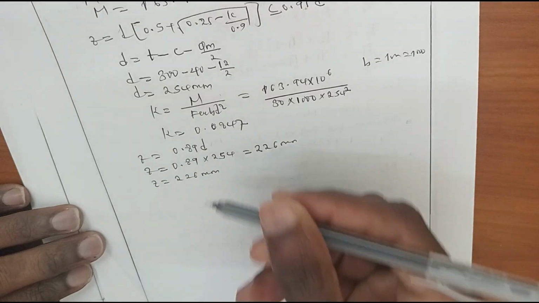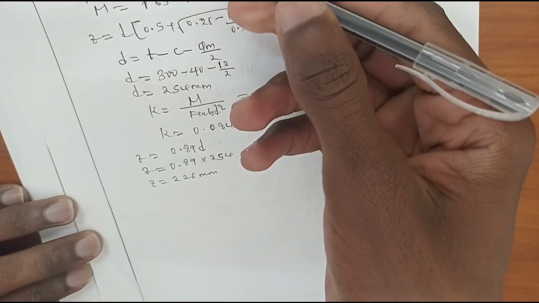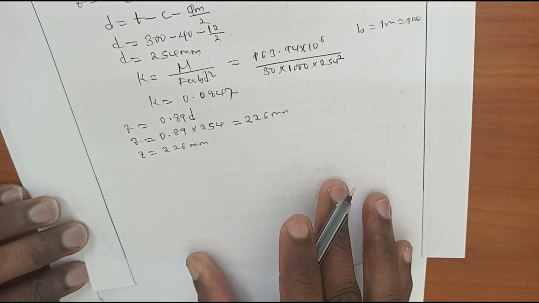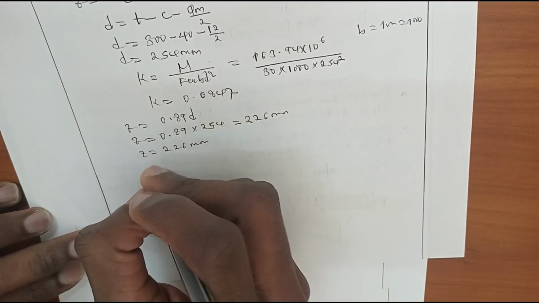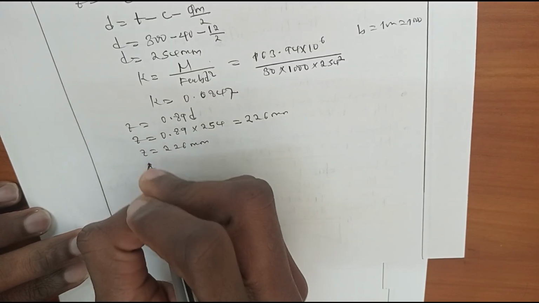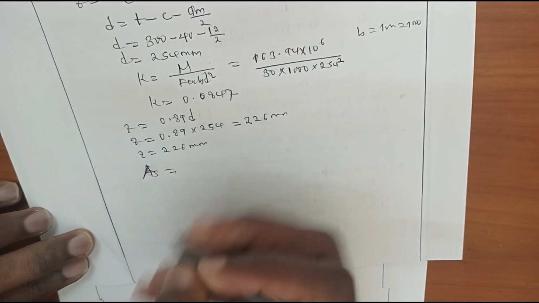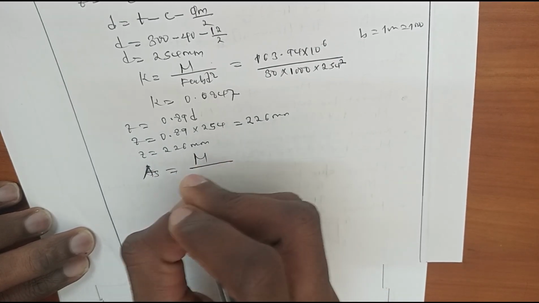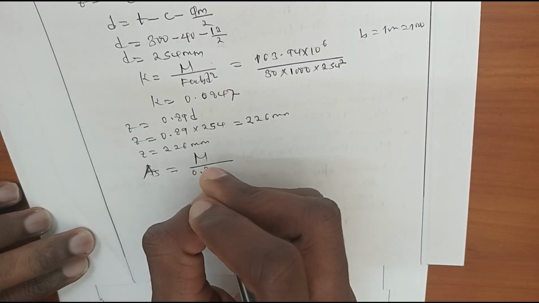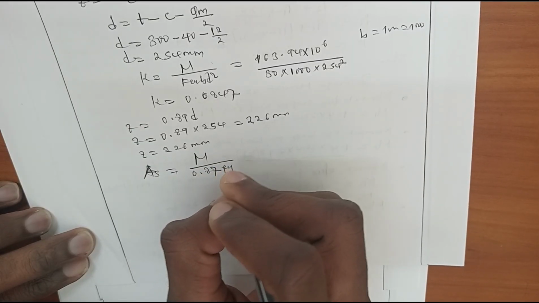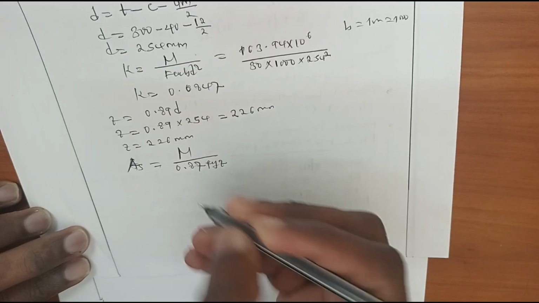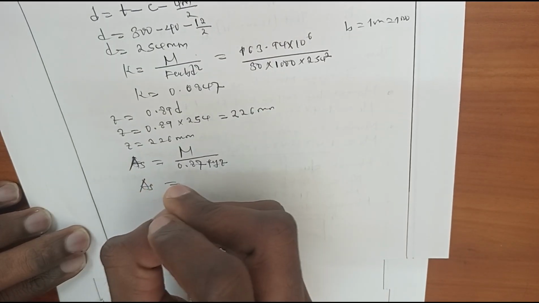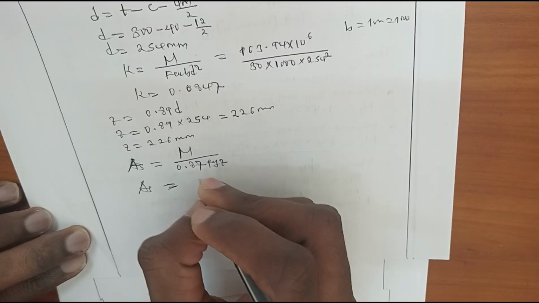After that, let's substitute into the formula for the area of main reinforcement so as to get the reinforcement required. So the area of main reinforcement is obtained by taking the maximum design moment over 0.87 times Fy times Z. Now let's substitute its values.